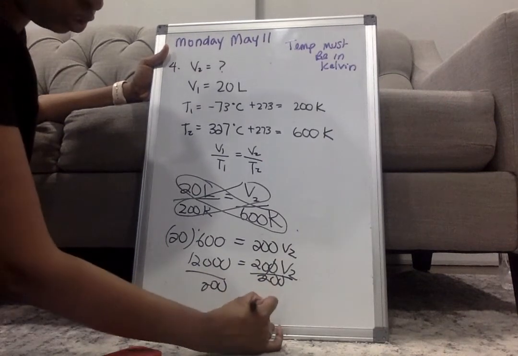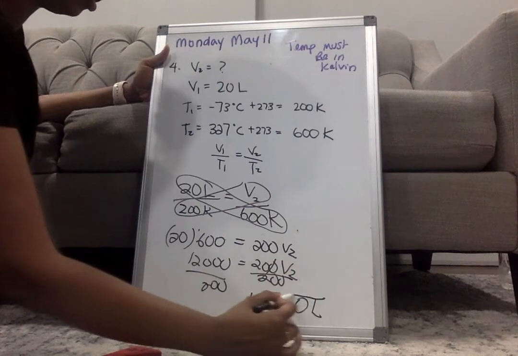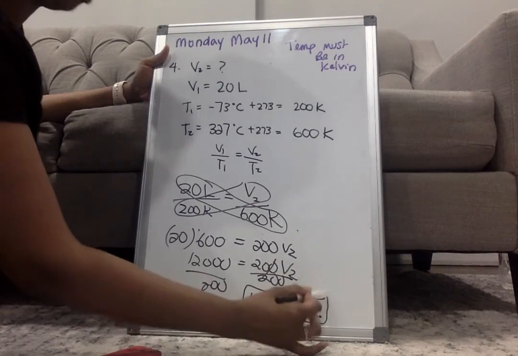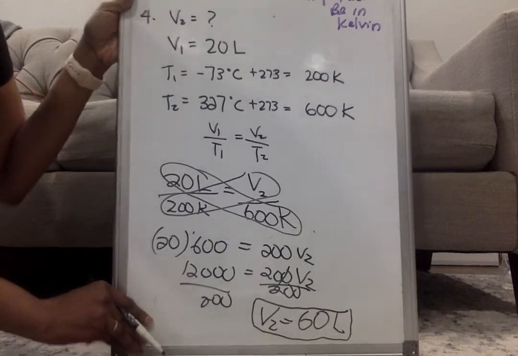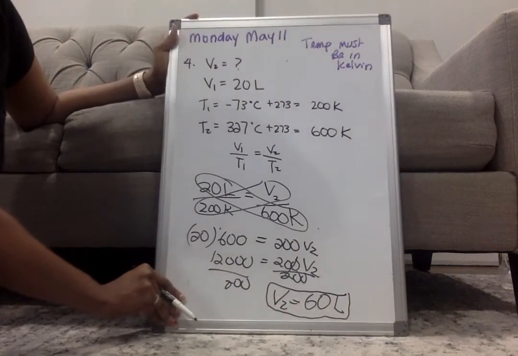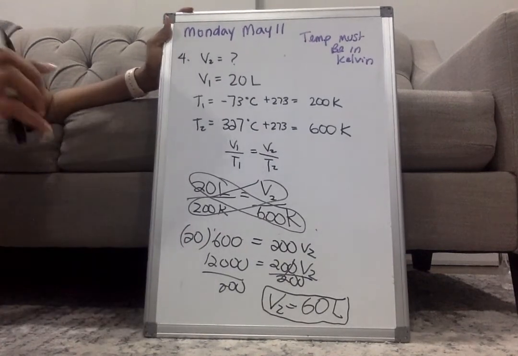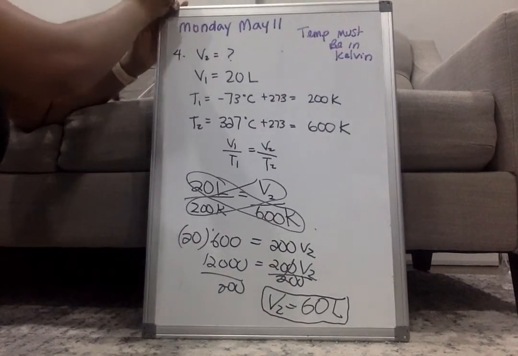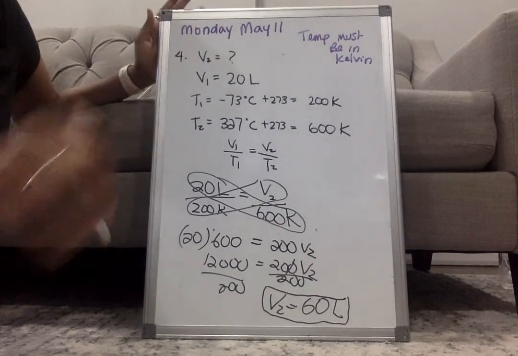And then V2, we should get 60 liters. Okay. So that's number 4. This was Monday's assignment. Double check your answers. If you got any of them wrong, please do it over so you can receive full credit.